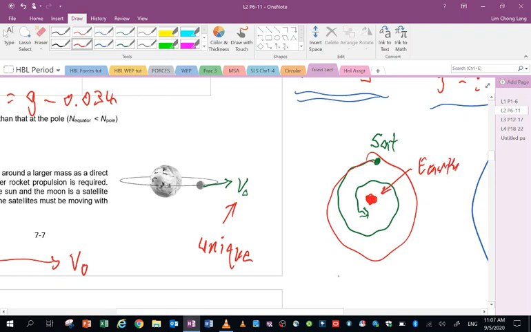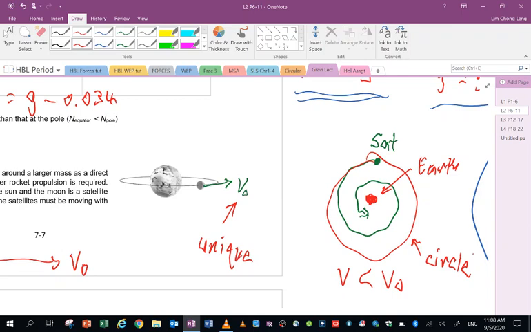This is a case where v is less than v naught. This is the circle of orbit that we would like the satellite to go around. But if v is less than v naught, then it will crash onto Earth.